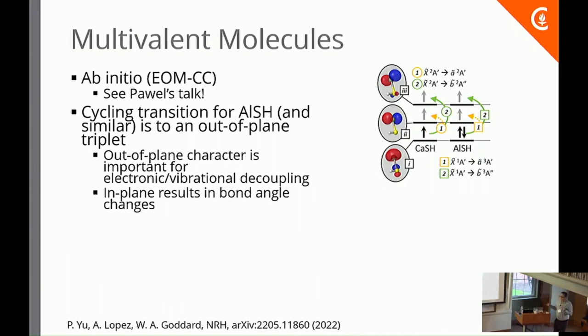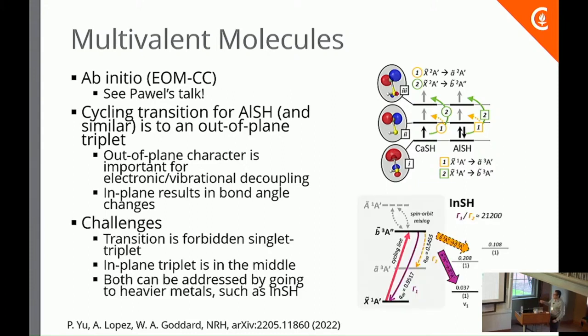But that also presents some challenges, especially for photon cycling, but mainly for laser cooling. For photon cycling, this is fine. For laser cooling, there would be challenges, which is this transition. It's a forbidden singlet-triplet transition, so it's weak. Also, this in-plane triplet is in the middle, so you have an intermediate leakage pathway.